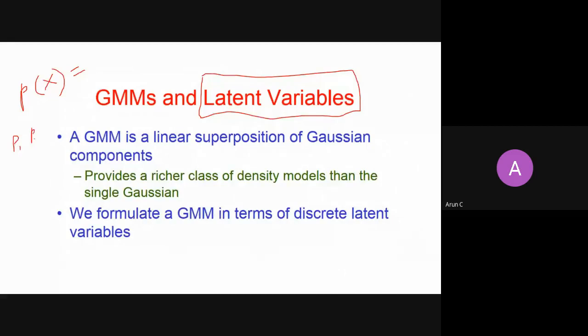But once the point is present in your data set, it may come from either one, two, or three of them.